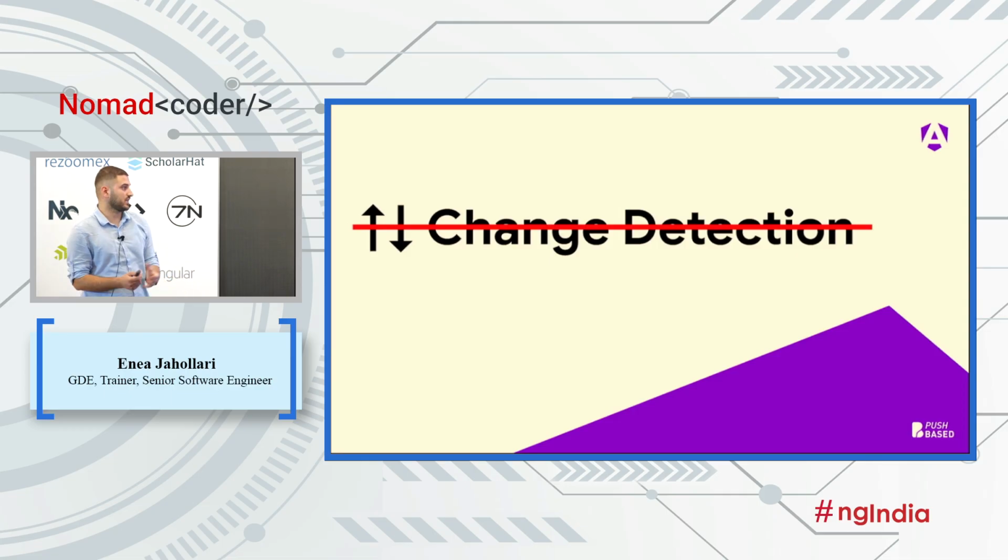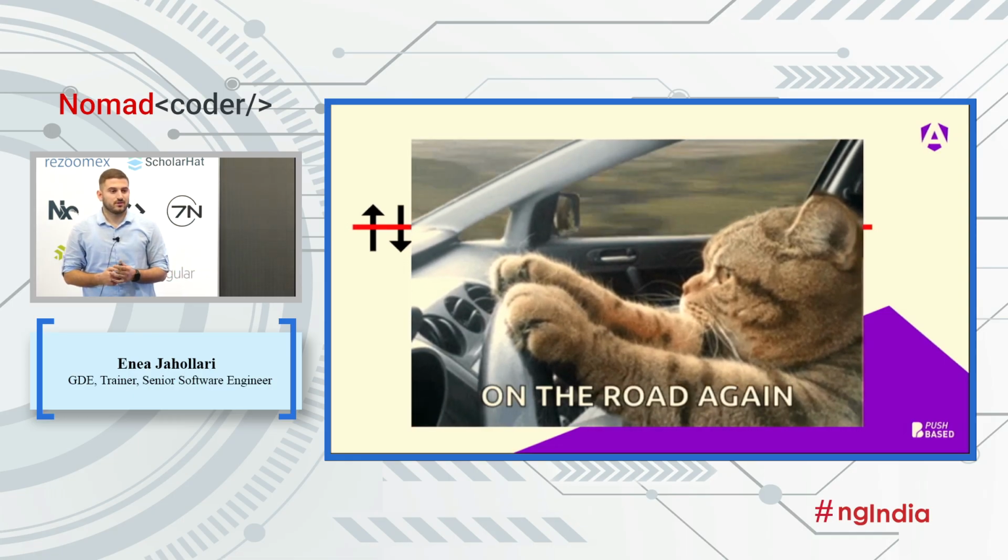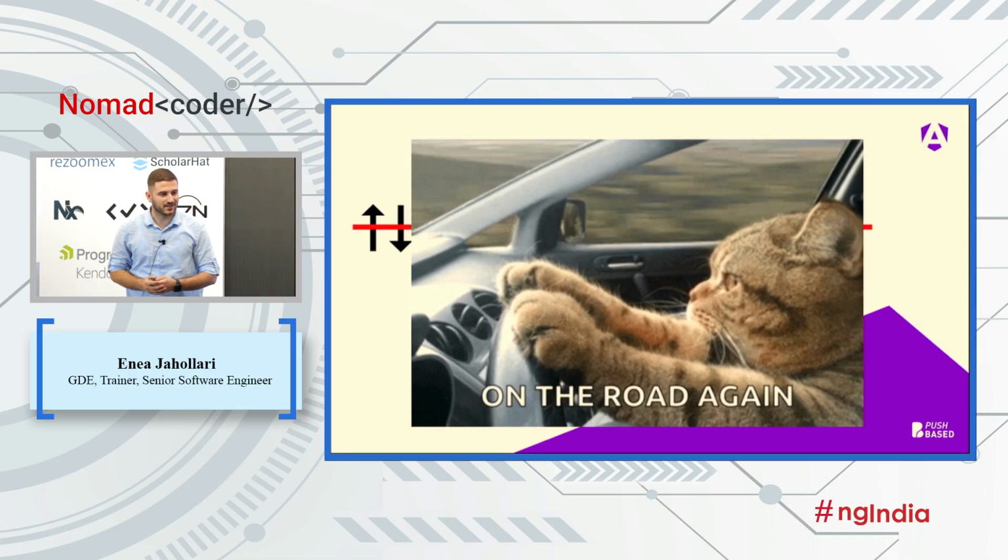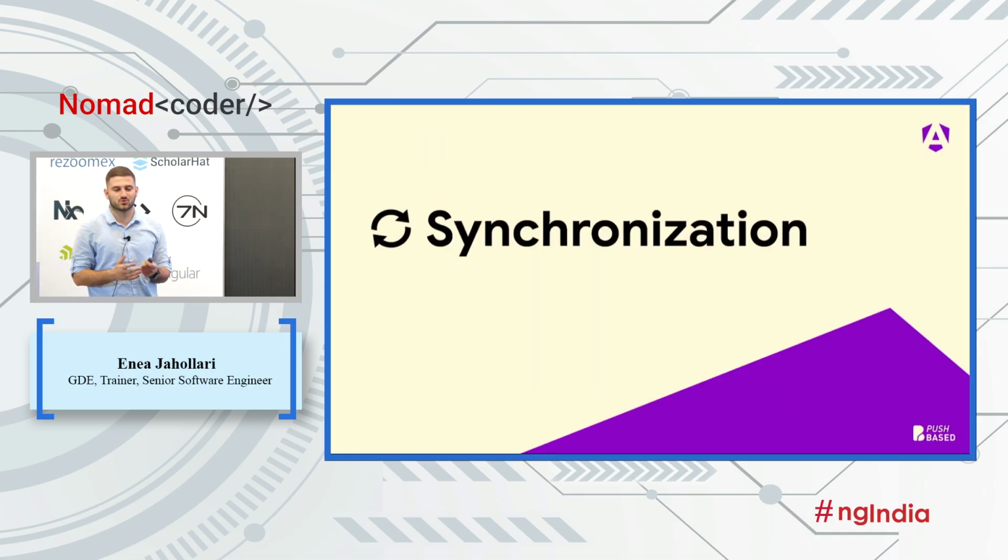It only detects what's changed or only what needs to be checked. So Angular is on a safe path again, and that's why we now call it synchronization, because it mostly synchronizes code, or let's say signals in our case, with the DOM.